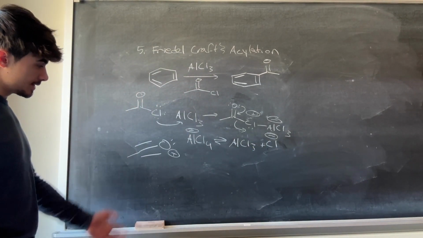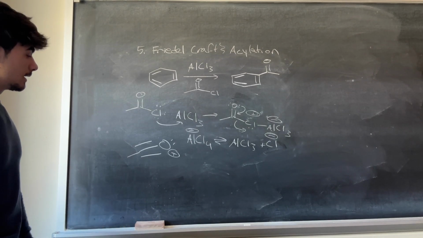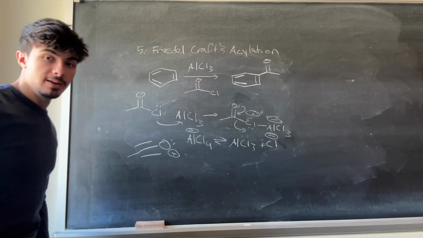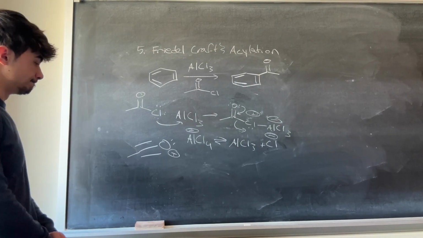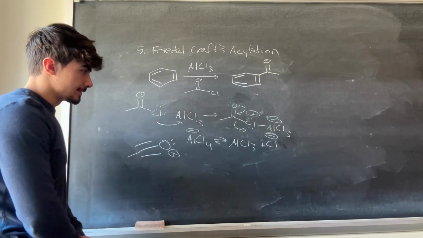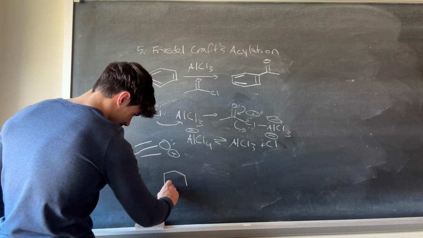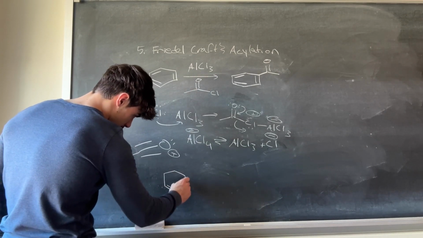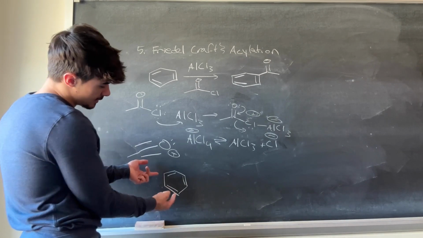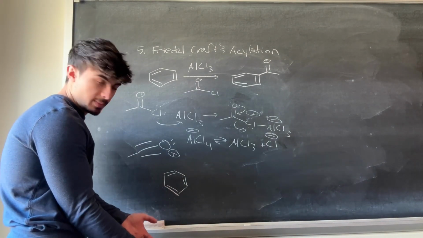Okay, this acylium ion, it's all octet, and it's good enough for me. So what we're going to do now is use, this is benzene, so benzene doesn't really have 3 pi bonds like this.